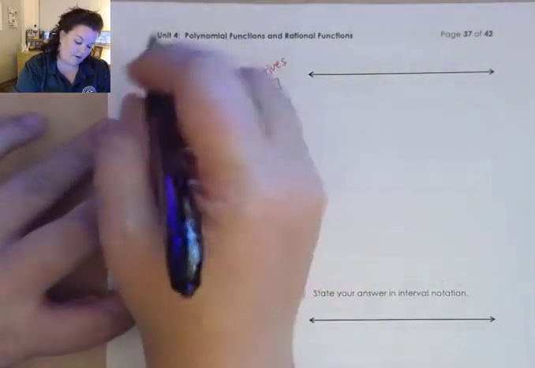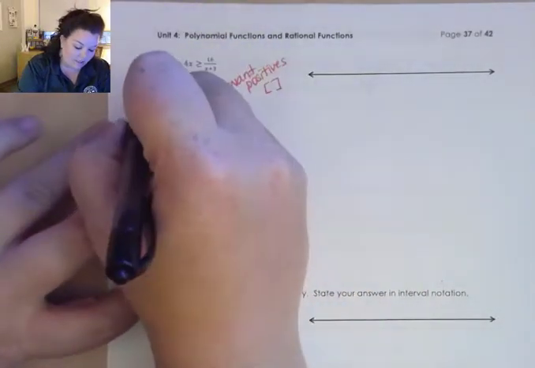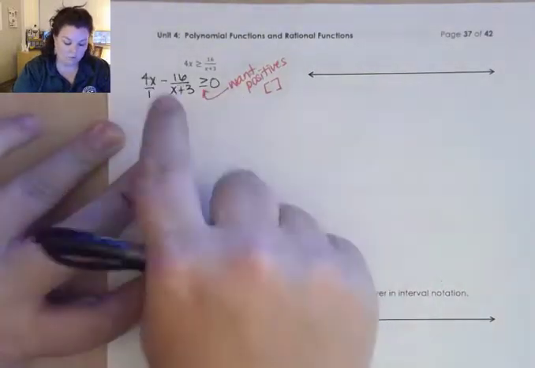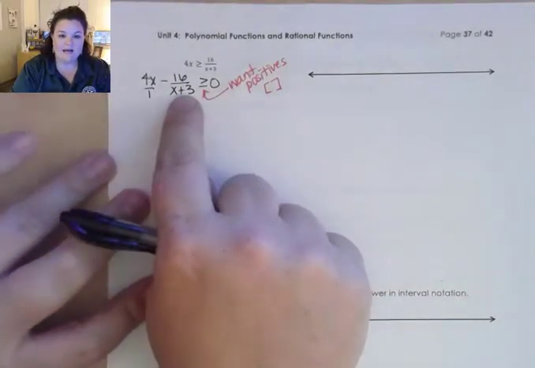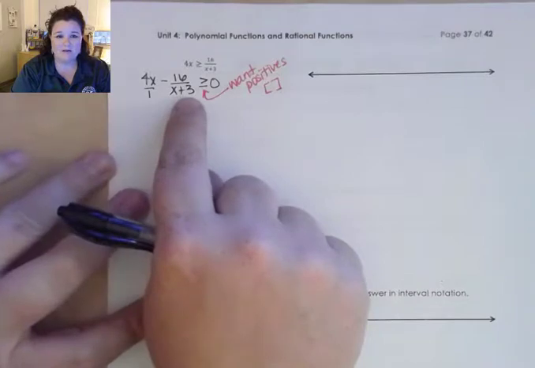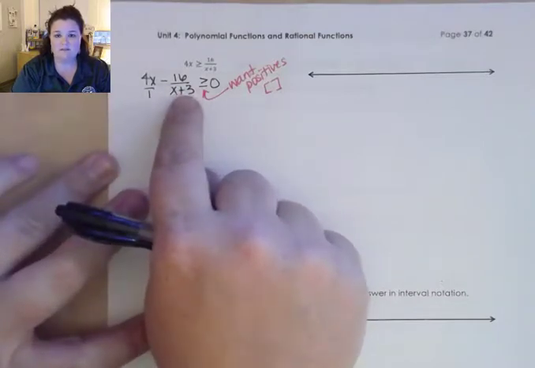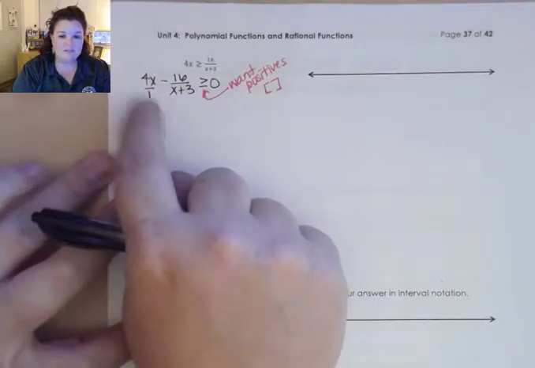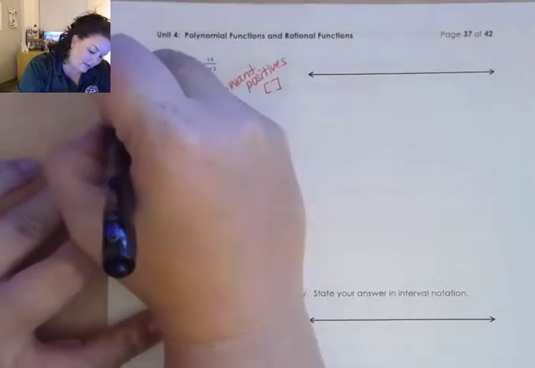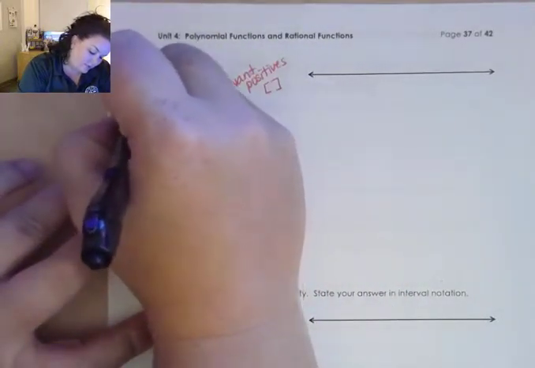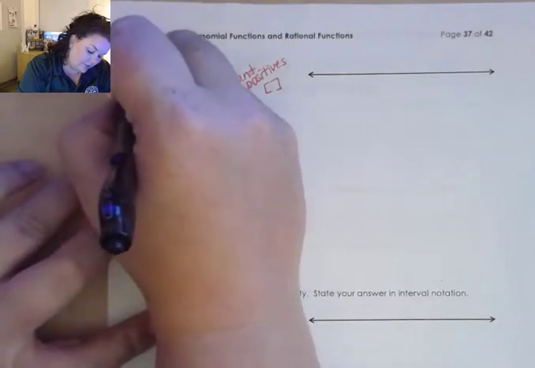So I'm going to go ahead and write 4x as a fraction by putting it over 1. And in order to write these together, I need them to have the same denominator. And right now, my common denominator would have to be this x plus 3. So if I want to write this term with x plus 3, I'm going to have to multiply by x plus 3 on top and bottom.